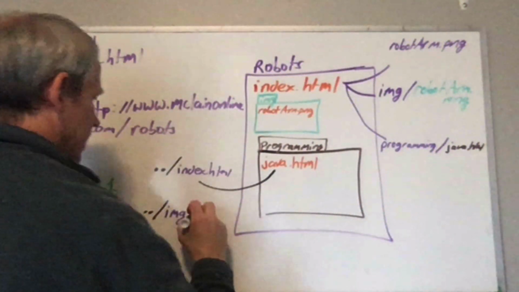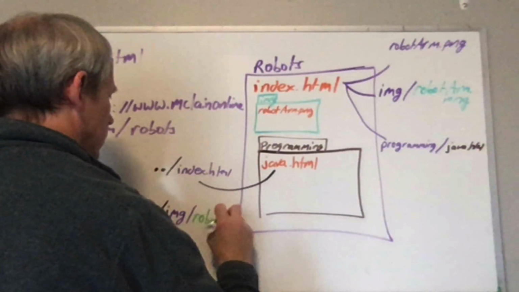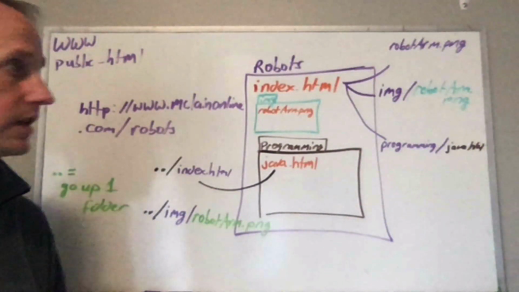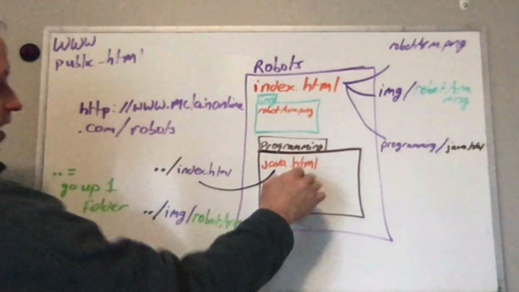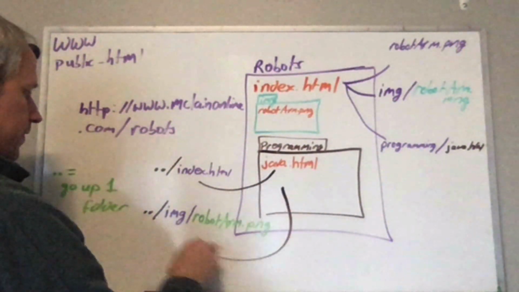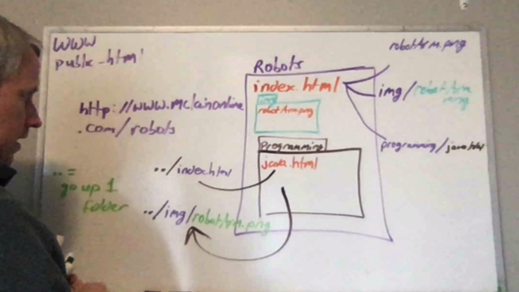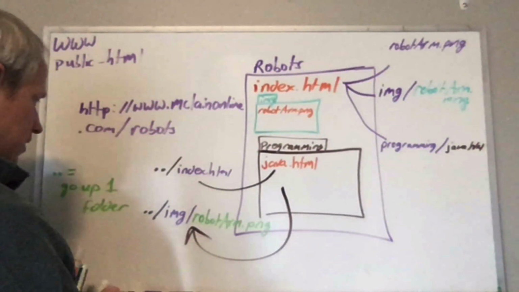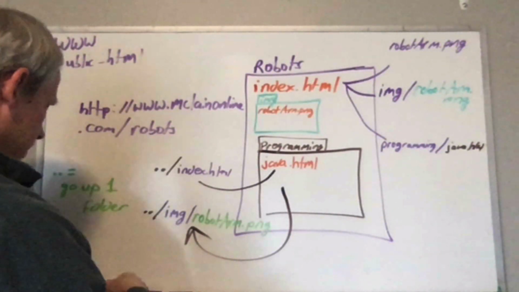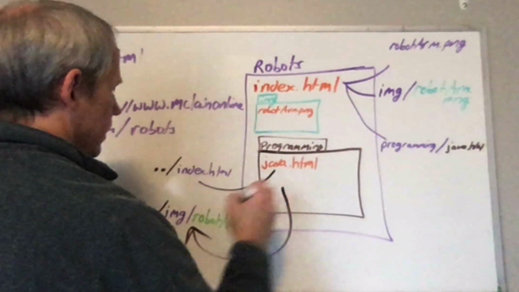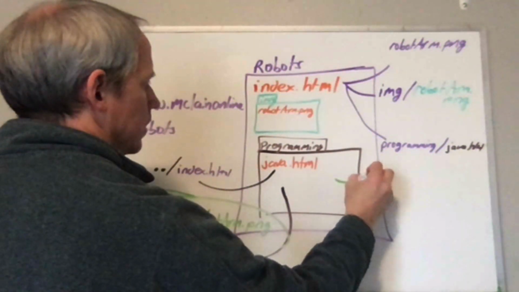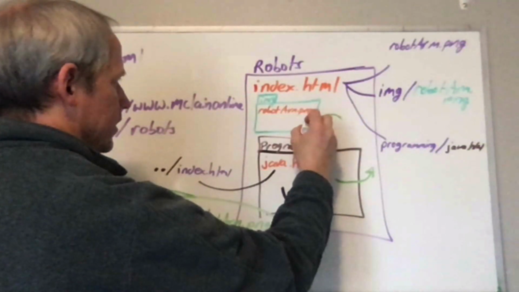So now I can say robotarm.png. So I go up a folder, I'm going to get brown back again. So I'm going from here, I want to go up a folder. I'll draw this one out in the green so that I know. I'm going to go up a folder, and then I'm going to go down into that folder.